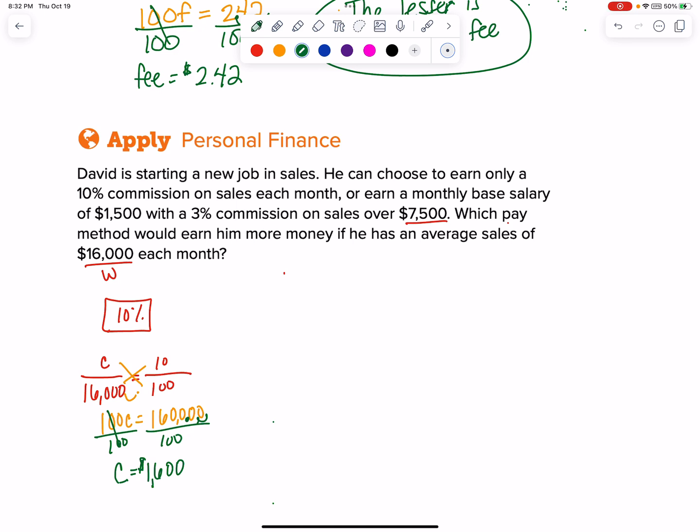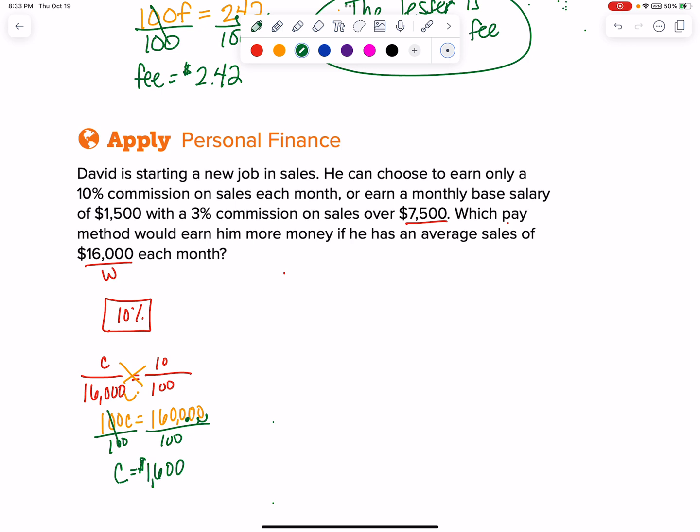So I guess for this one, my only confusion is that it means if it's 7,500 or less, I'm not earning any commission. If it's more than that, though, I get commission.